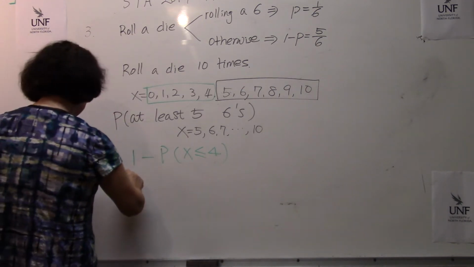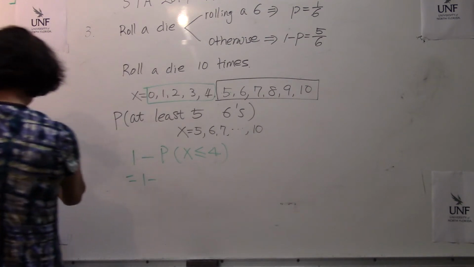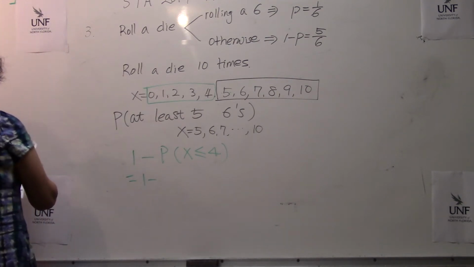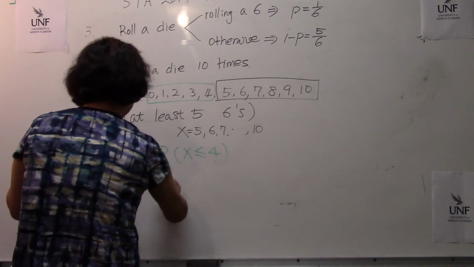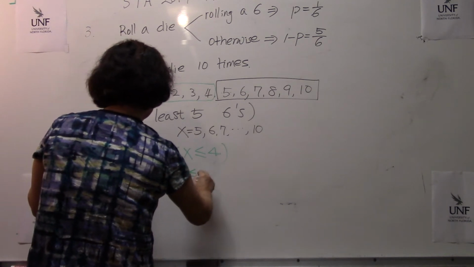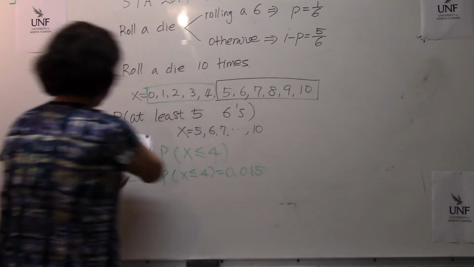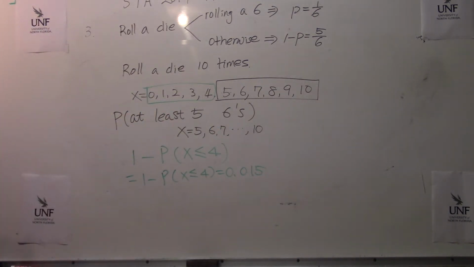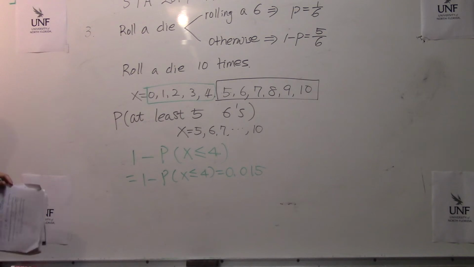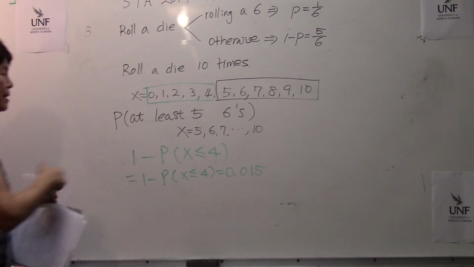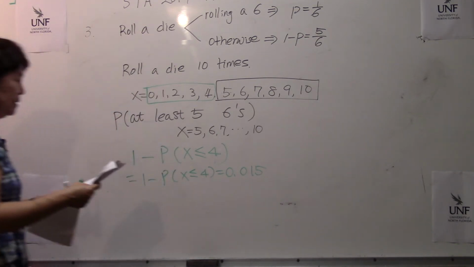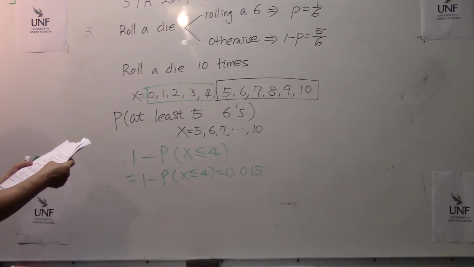So that gives you 1 minus this, which gives you 0.015. Yeah, at least 5 6s. That is, a lot of 6s are occurring. That has a very small chance. It's a very small chance of 0.015.